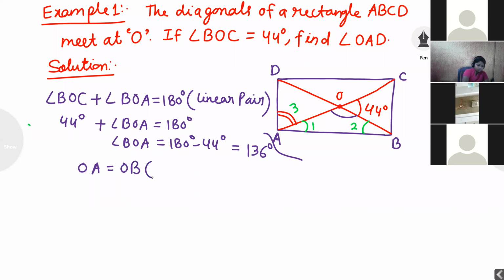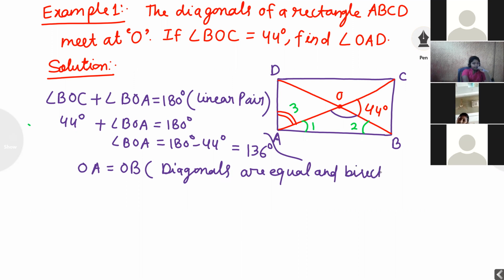Diagonals are equal and bisect each other.